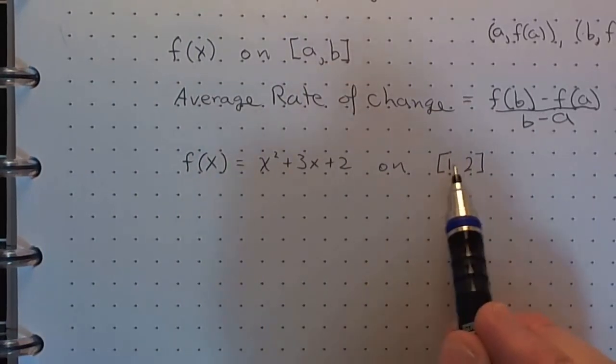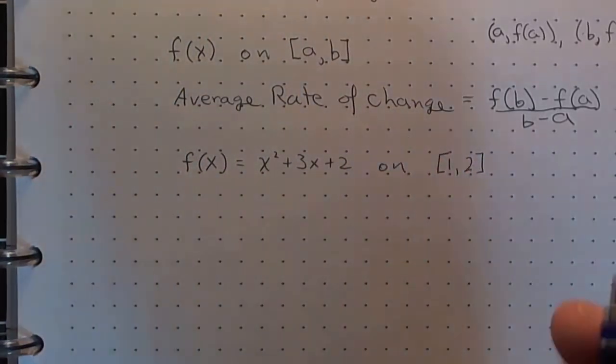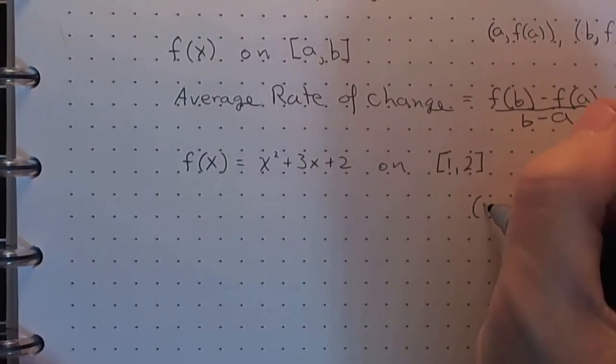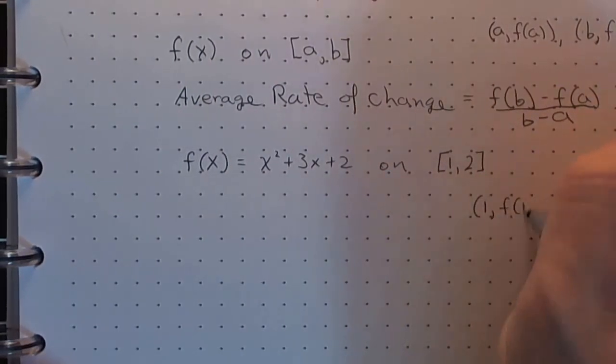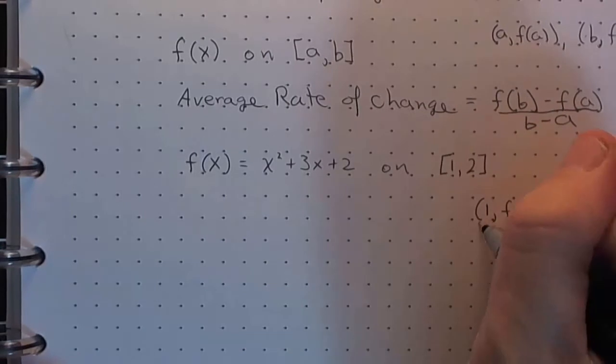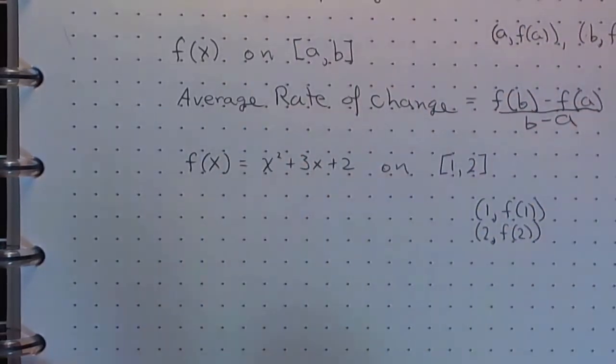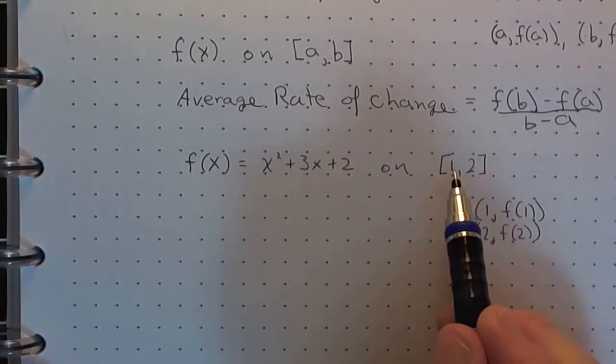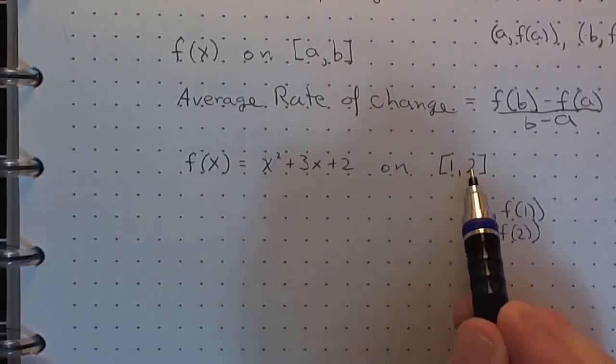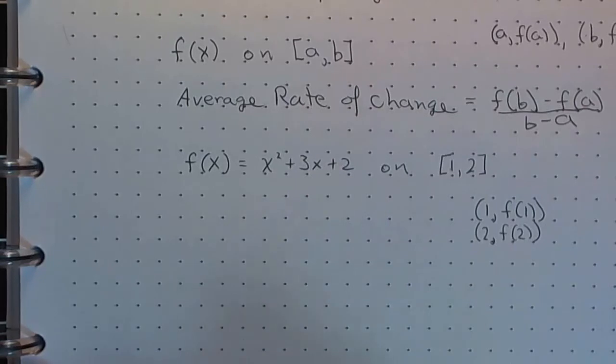Now I'm not giving you the y. You can find the y. So the points we're dealing with, though, are 1 comma f of 1 and 2 comma f of 2. Those are our 2 points. See, the important thing to remember is I'm giving you the x's here, and it's up to you to calculate the y's.